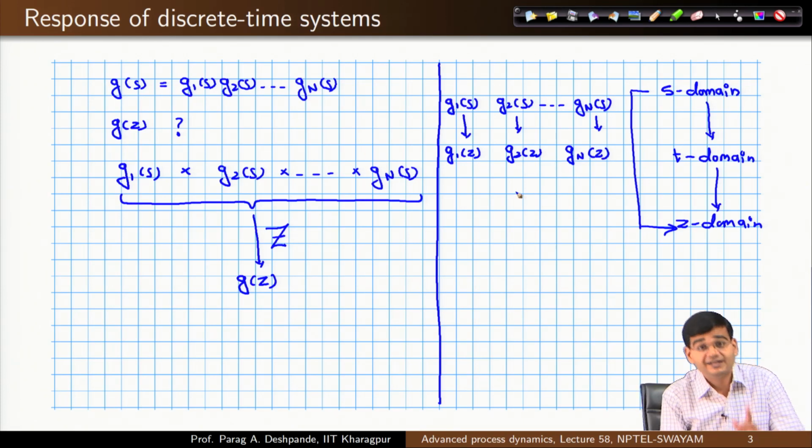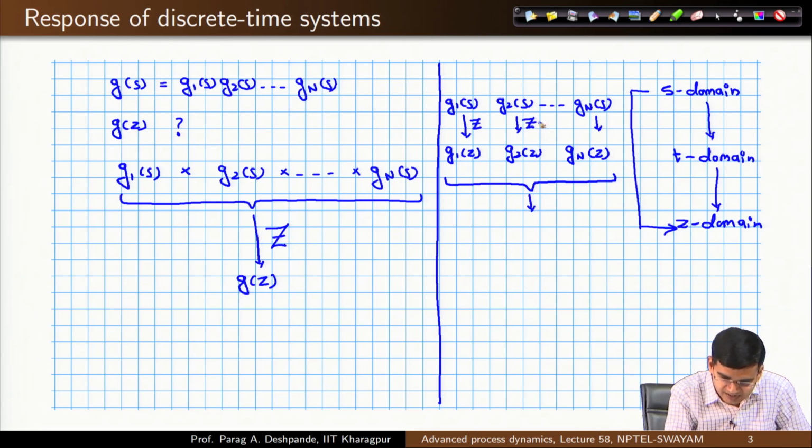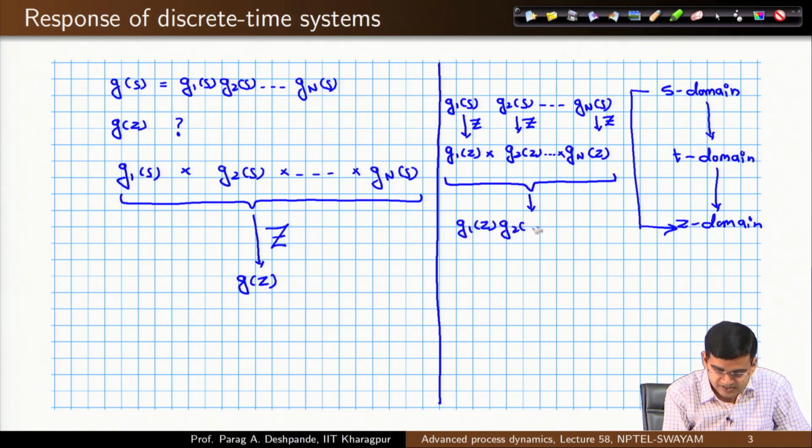Okay. And then I do this thing, I take this, I multiply. So, this is taking Z transform, taking Z transform, taking Z transform, and then I multiply them. What do I get? G1 of z, G2 of z up to Gn of z.